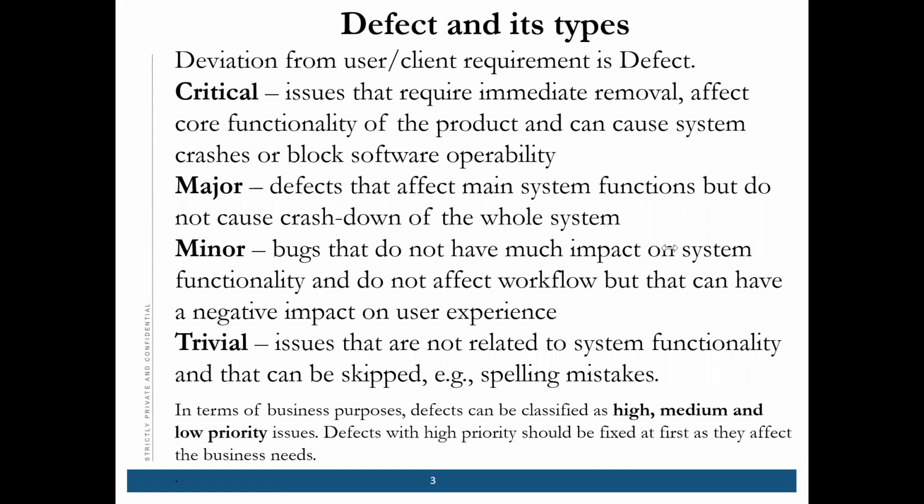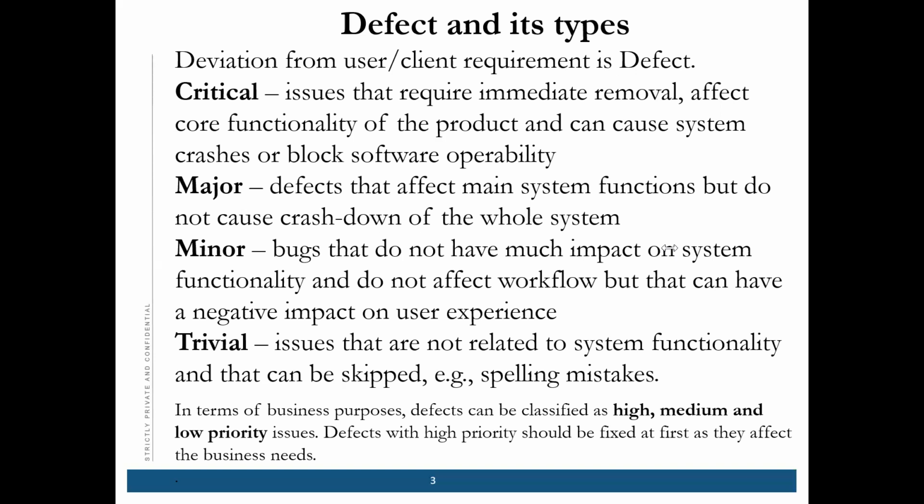Critical issues require immediate removal, affect core functionality of the product, and can cause system crashes or block software operability. Major defects affect main system functions but do not cause a crash of the whole system. Minor bugs do not have much impact on system functionality and do not affect workflow, but can have a negative impact on user experience.